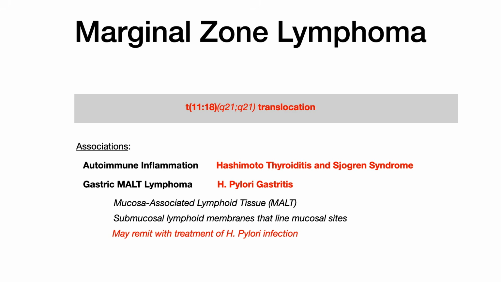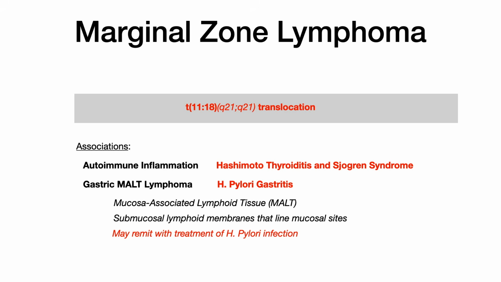Now, marginal zone lymphoma is very high yield because it is associated with autoimmune inflammation and something called a gastric MALT lymphoma. Now, this confuses medical students, so let's just say what MALT is. MALT, M-A-L-T, stands for mucosa-associated lymphoid tissue. And basically, in certain mucosal tissues, there's this submucosal lining, and that material is actually lymphoid.